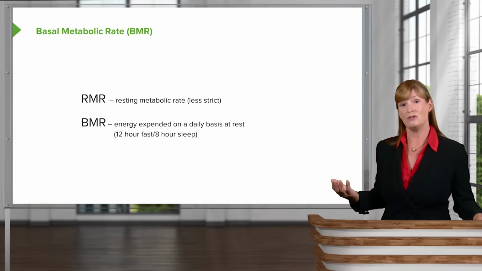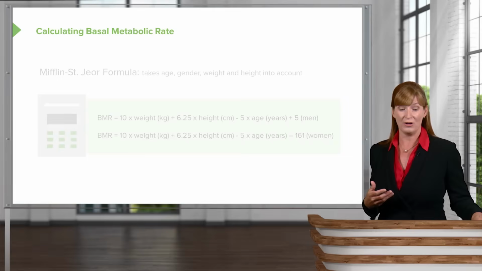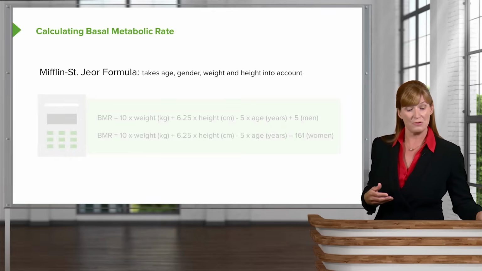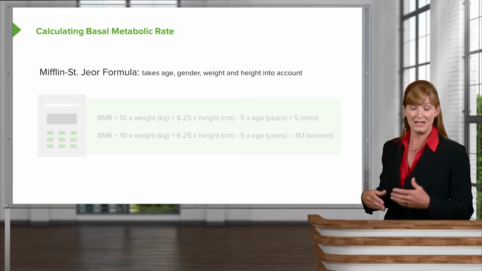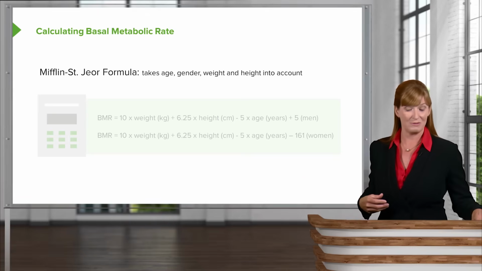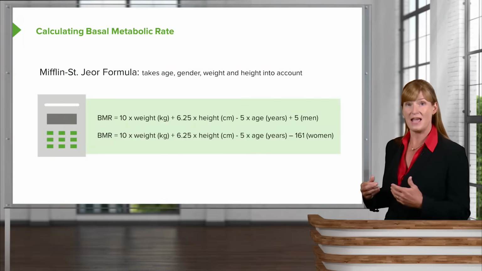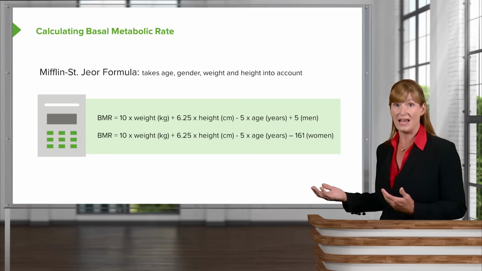And I'll introduce you to or help you review two of them that will be important for you to keep in mind. This first one, you probably just need to know the name of, but if you want to go beyond that, you could memorize the equation. We're not going to spend time deriving it, but it takes into account the age of the individual as well as the gender, weight, and height.